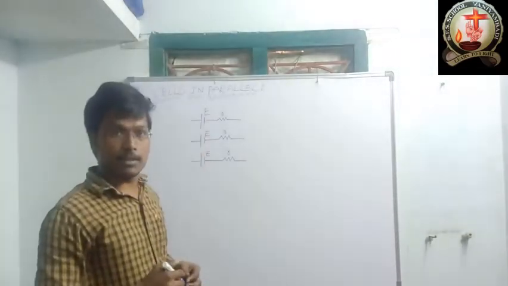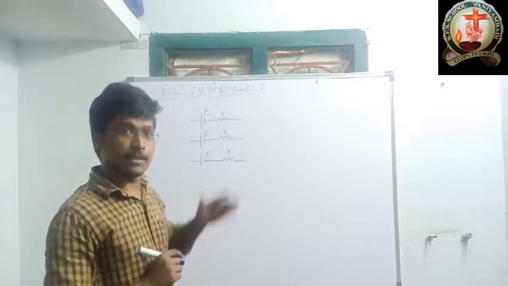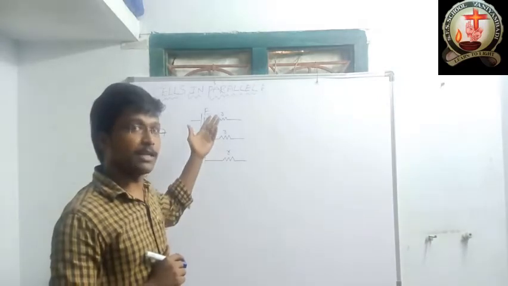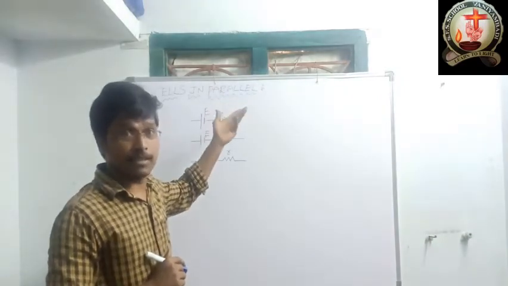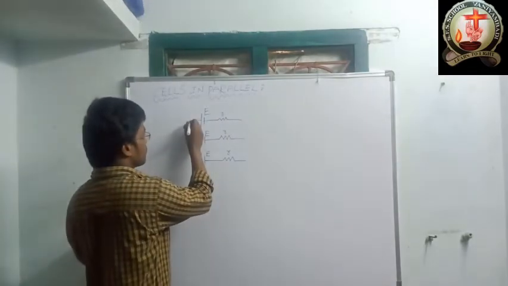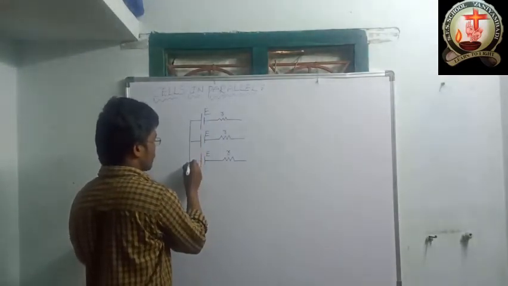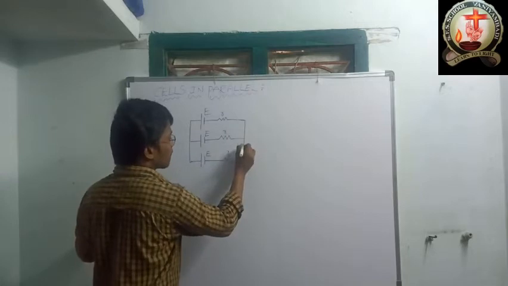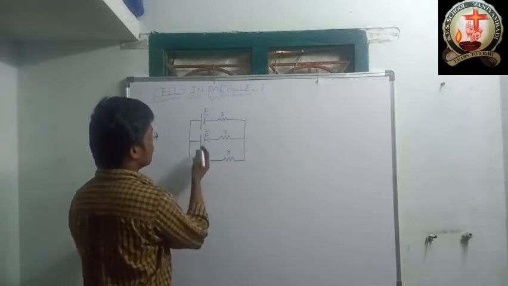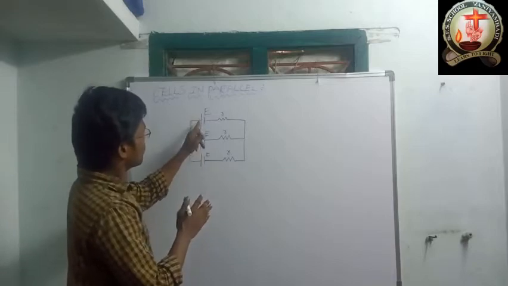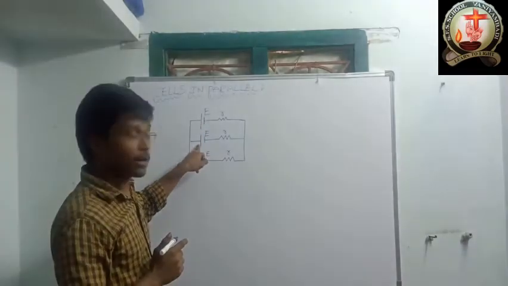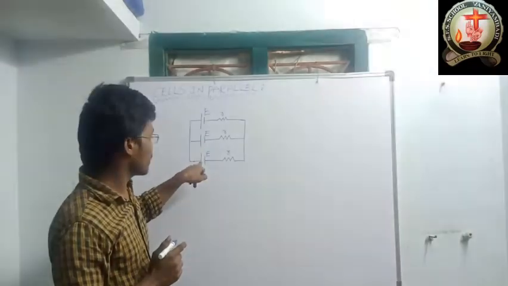First of all, let us consider n number of cells. These cells are arranged in the parallel format, each and every cell having an EMF E and resistance R. So these are all connected in parallel. This is the positive terminal of the cell, this is the positive terminal of the cell, and this is the positive terminal of the cell.